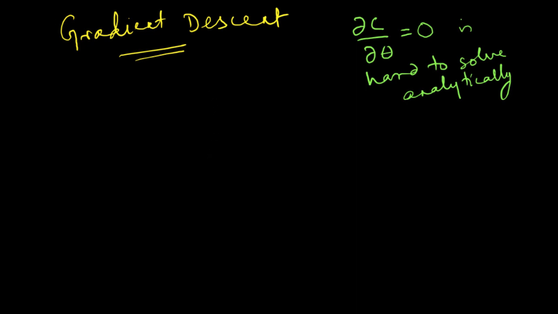Okay, so what do we do? Let's take a simple example of C, and then we will discuss the general method. Let's say that your machine learning problem has a single parameter theta which you want to estimate, and this y-axis is your cost function.